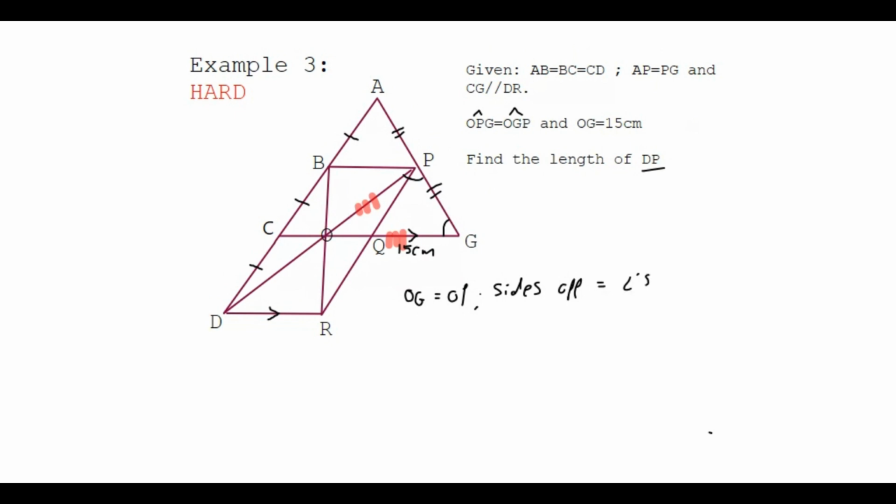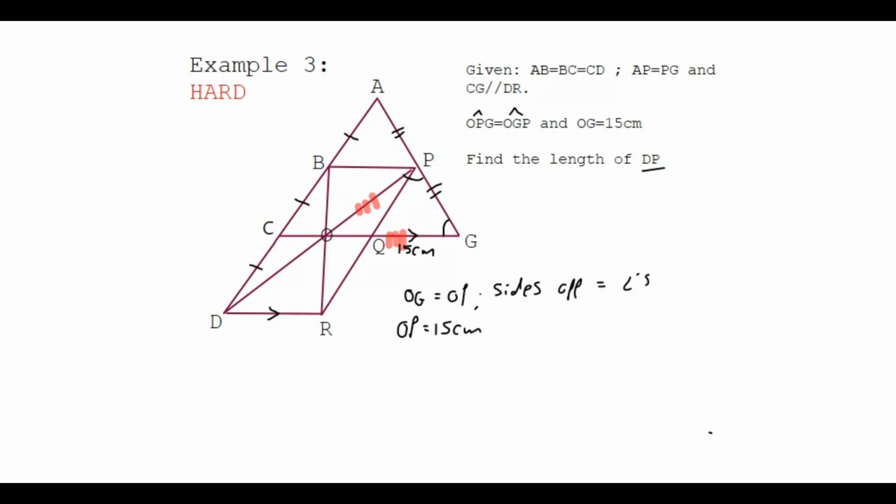And then we can say OP is equal to 15 centimeters. But they want DP. So, given that we're working with the midpoint theorem, let's focus in triangle DPB over here.